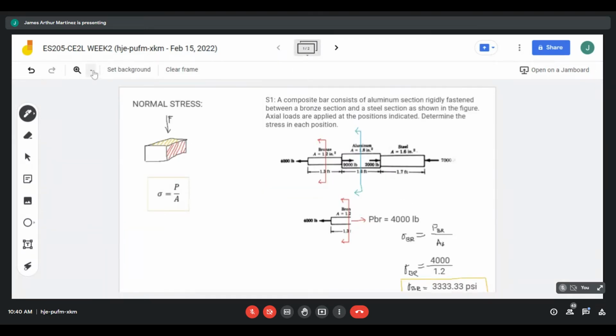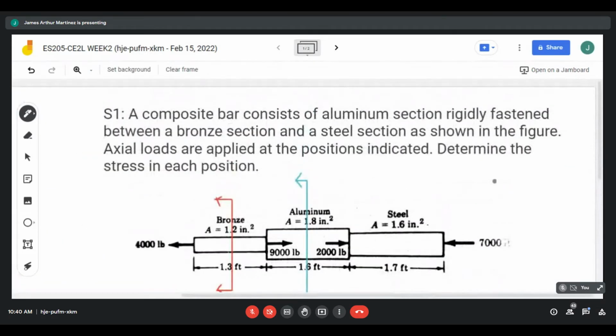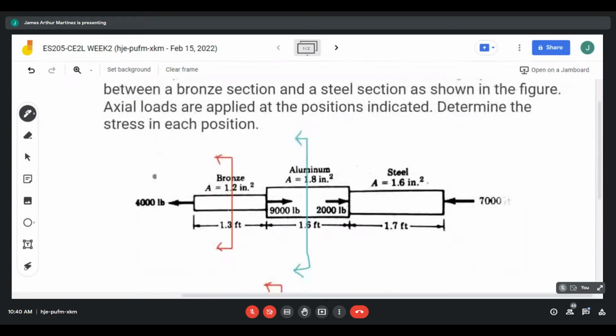Next, we have the stress for bronze and for aluminum. Last is steel, since the question is to determine the stress in each portion. For steel, it is much easier to analyze if we cut the plane and consider the right side of the section, since we only consider one force, which is 7,000 pounds.